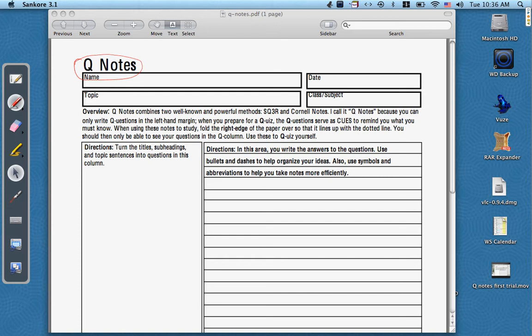So it's just one way that you can take notes for any information, right? So we're going to call this how to use Q Notes. Okay? Right. So let's look at the paper first off, right?